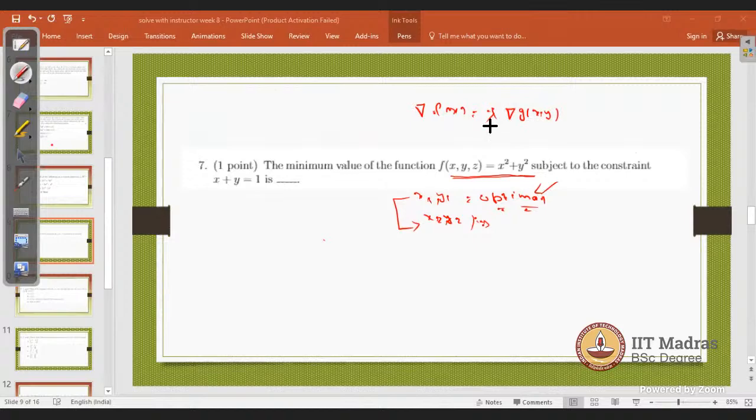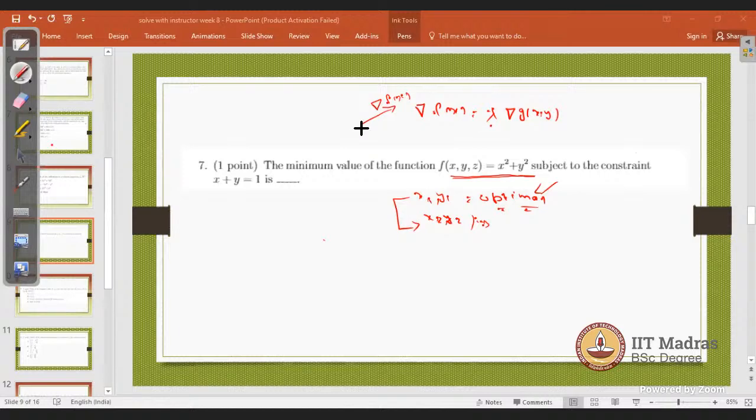I'm talking outside the formula, trying to understand what it actually means. What I understood is that this equation is saying that the direction of the gradient of the constraint should be exactly opposite, or anti-parallel, to the direction of the gradient of the function, right?